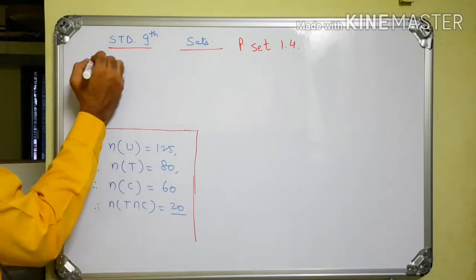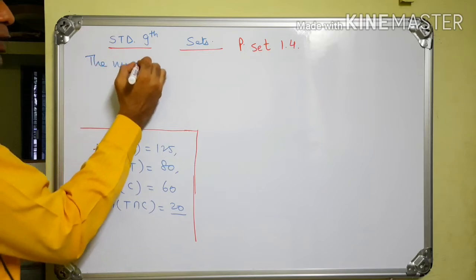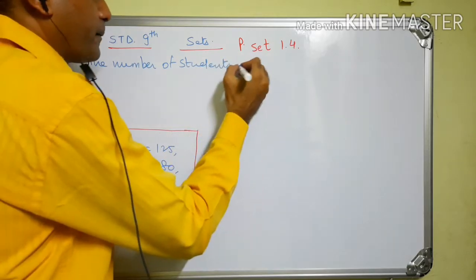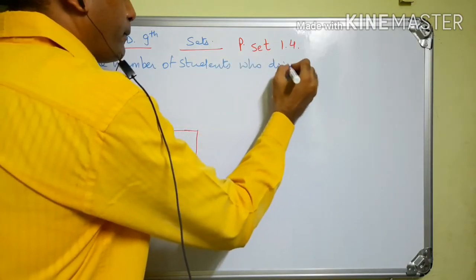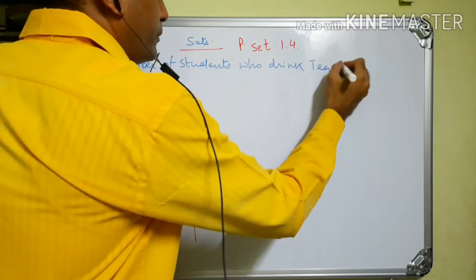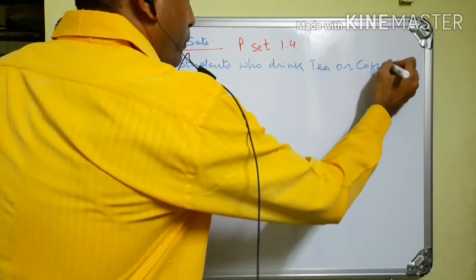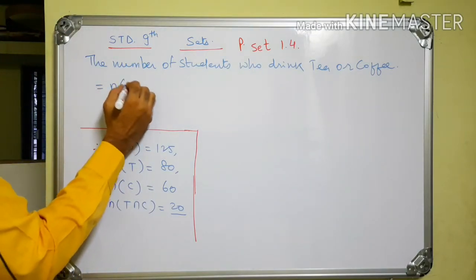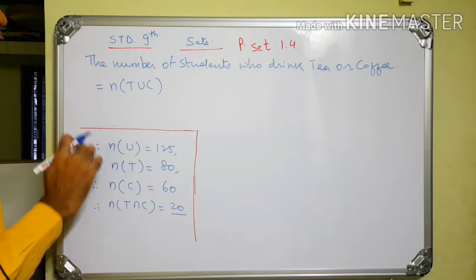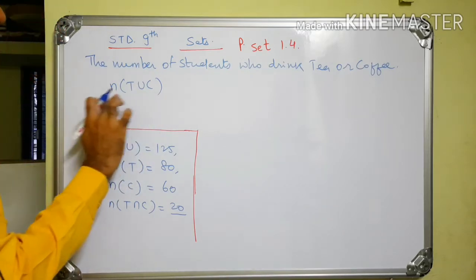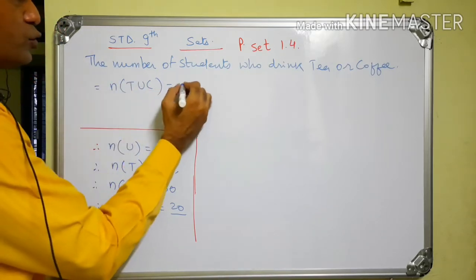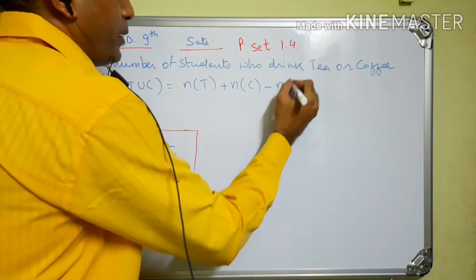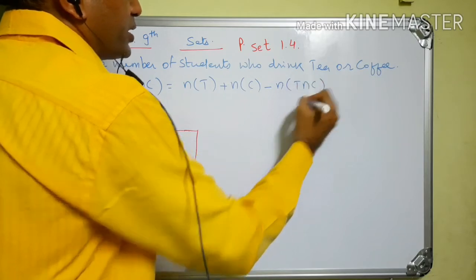So the number of students who drink tea or coffee equals the number of elements in set T union C. And this formula we know: the number of elements in set T union C equals the number of elements in set T plus the number of elements in set C minus the number of elements in set T intersection C.